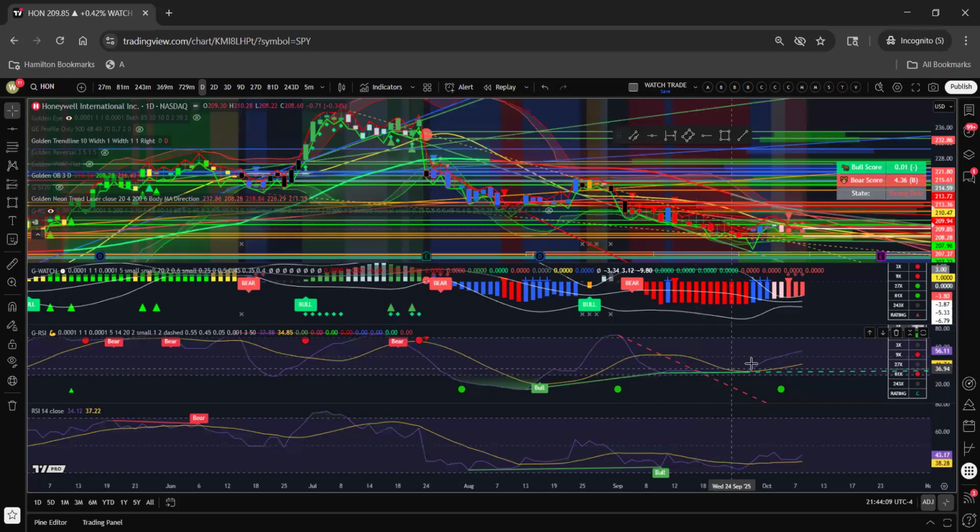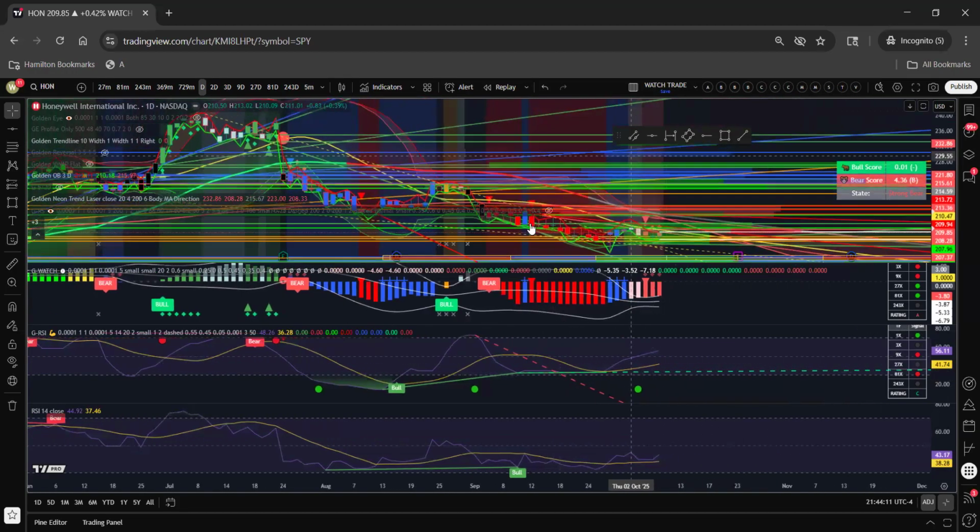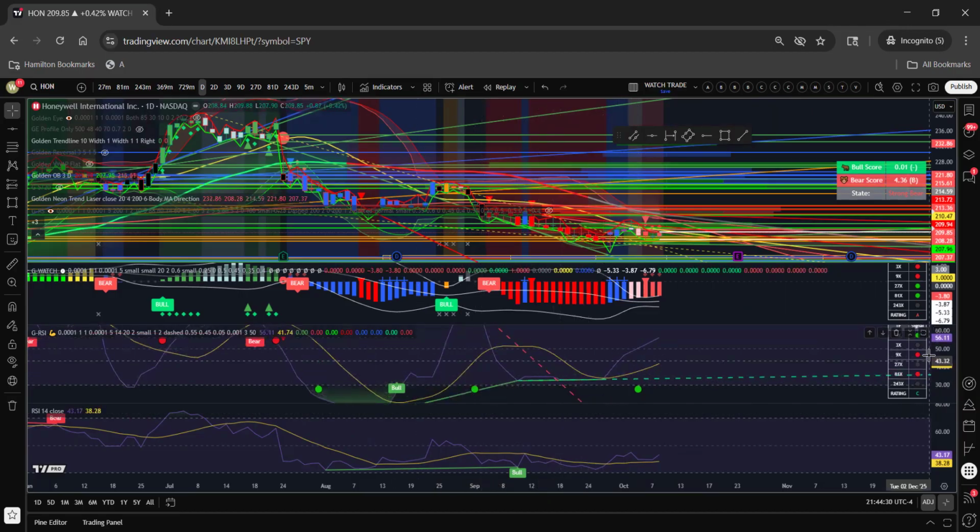This is when Honeywell was a buy on September 18th. It's a buy on Friday the 3rd. I wasn't able to code a buy signal for when that happens, so it needs to be done visually because it's a theoretical ray. It's a theoretical extension of these divergences.